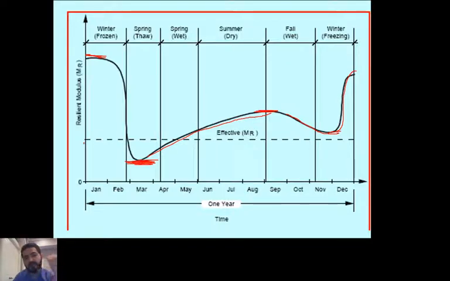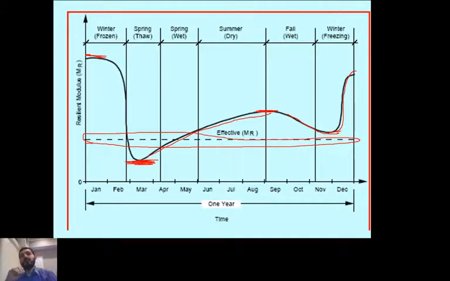The method that I'm going to explain to you in a second is what we call the effective resilient modulus. We're going to try to come up with a number that's going to give us the same amount of damage, equivalent or equal damage, for all the months of the year.